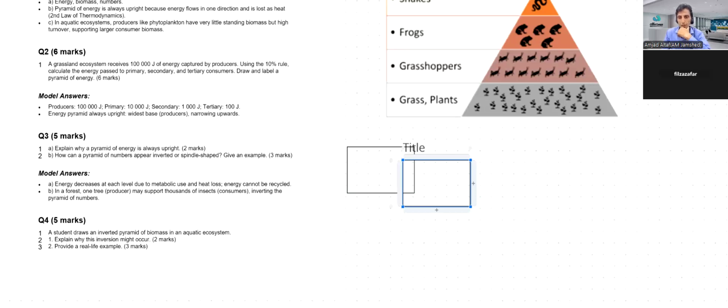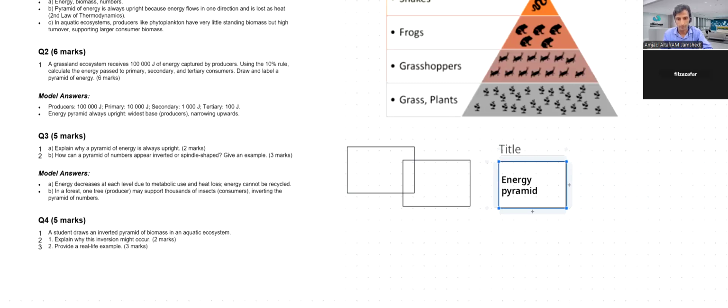So the first thing that I have just started with you, Filza, is the pyramids. In pyramids, I have told you already, the pyramid of energy is our first ecological pyramid that we should know in biology. So what is the energy pyramid?